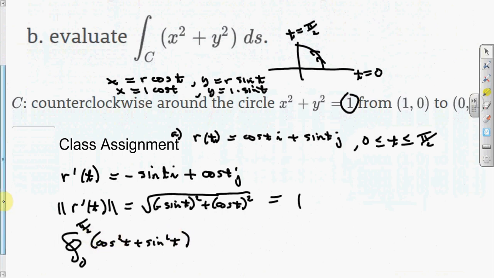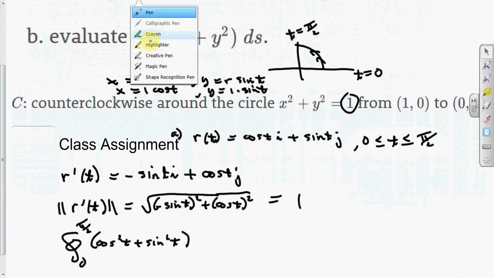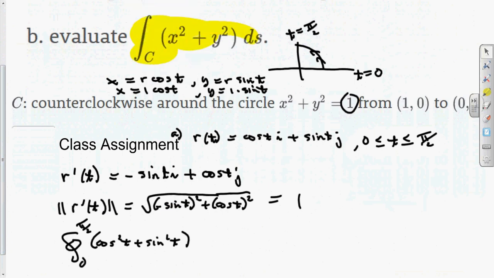Sir? Oh, t goes from 0 to pi over 2. Oh, x squared is cosine squared, right? And y squared is sine squared. I'm just mimicking this right here. I'm just replacing those terms. Replace the x squared with cosine squared t. Replace the y squared with sine squared t.